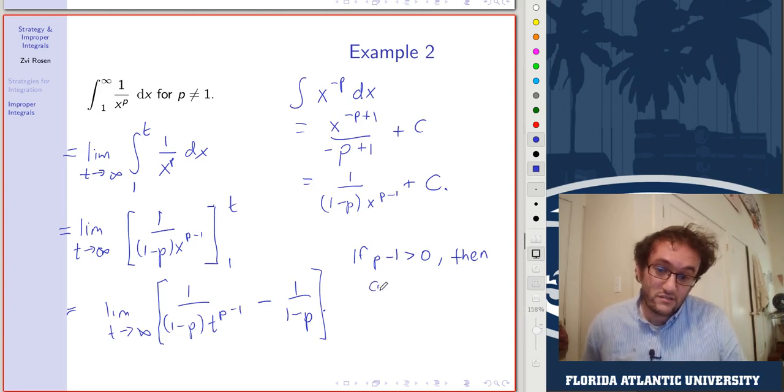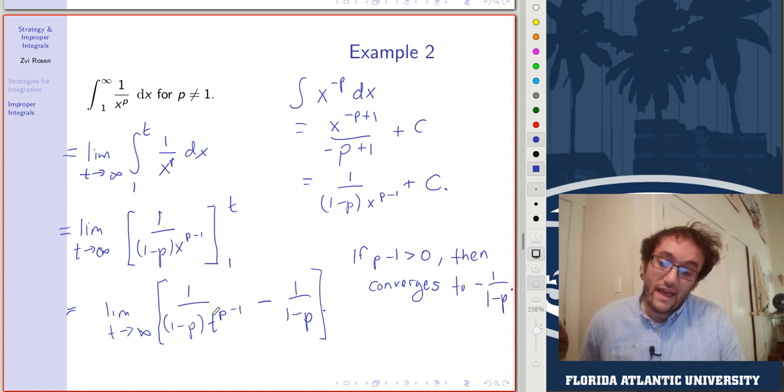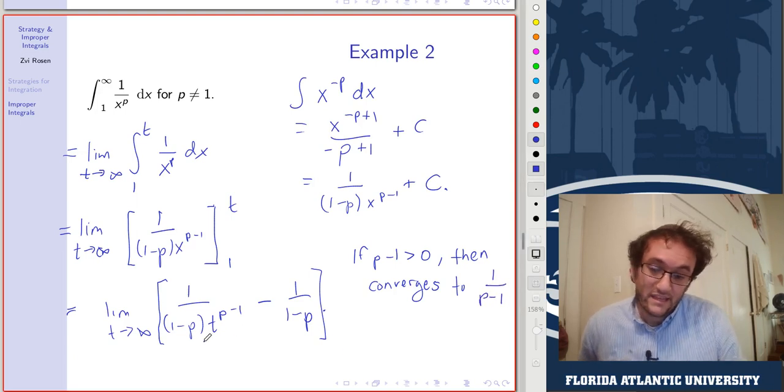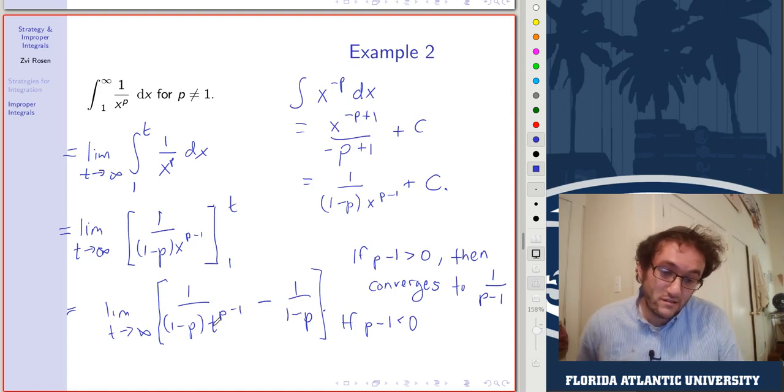Then it converges to minus 1 over 1 minus p, which is the second term. Or rather, we could also write that as 1 over p minus 1. And if p minus 1 is less than 0, then that means the denominator is getting smaller and smaller, which means the fraction is getting bigger and bigger and diverging to infinity.